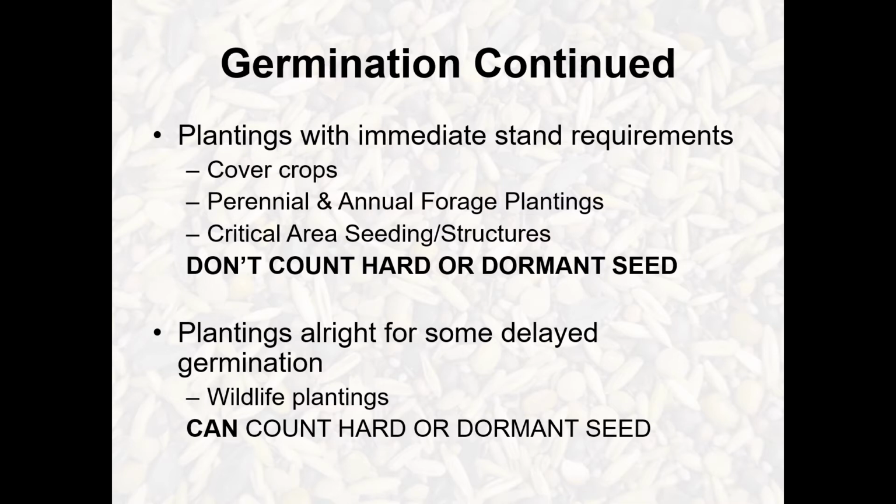First of all, if we have a planting that we need an immediate stand, such as a cover crop or a perennial or annual forage planting, or especially critical area seeding for our structures, we don't count the hard or dormant seed because we want a fast stand and we need it up and growing quickly to control erosion and to get a stand established quickly.